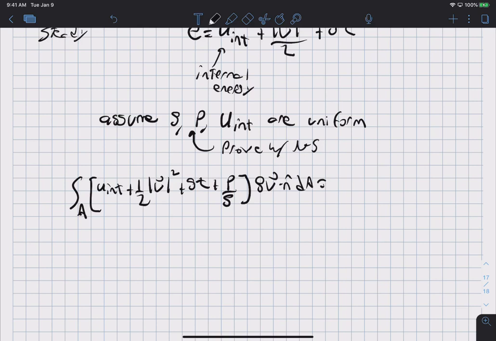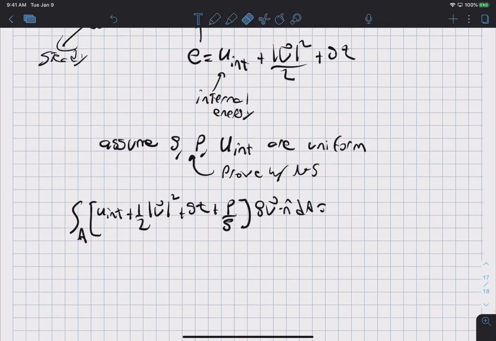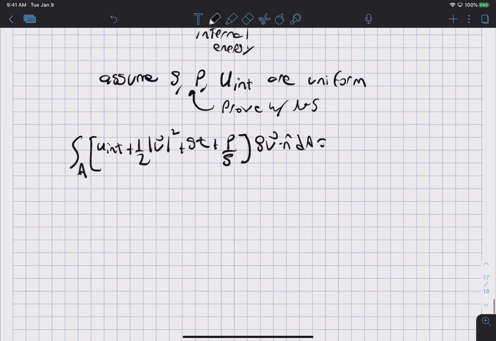I already substituted that in. And now I'm just going to break this integral into the individual pieces.